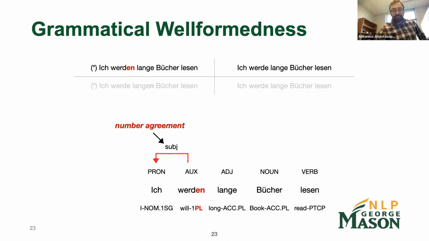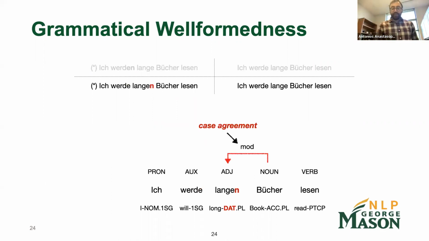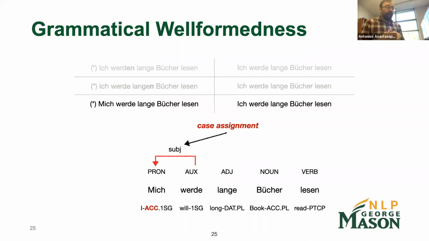There's also other types of well-formedness. There's also case agreement. So if the adjective here, langen, was in dative case, but the noun that it modifies is in accusative, again, a native speaker will complain if they hear that.